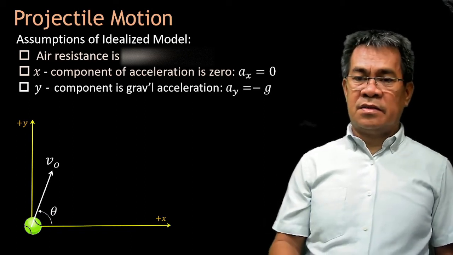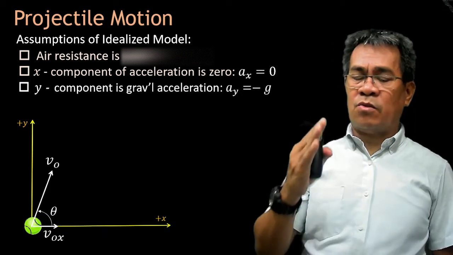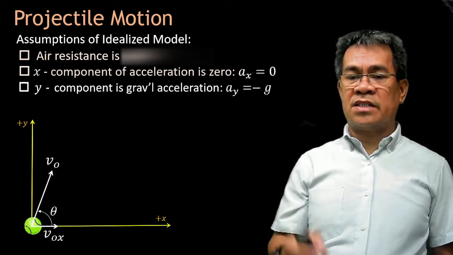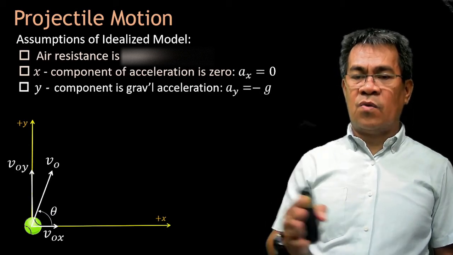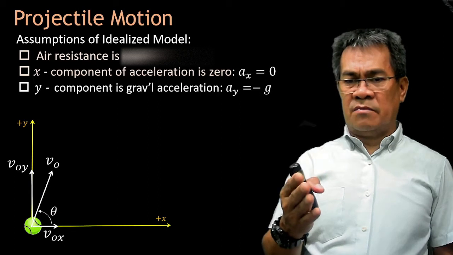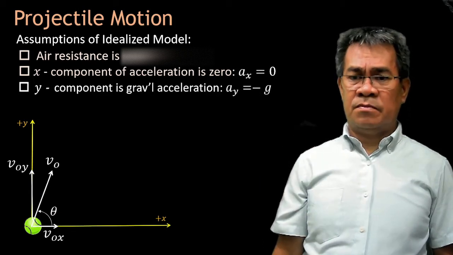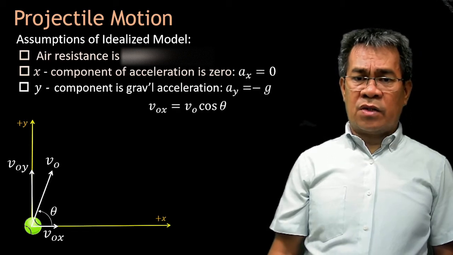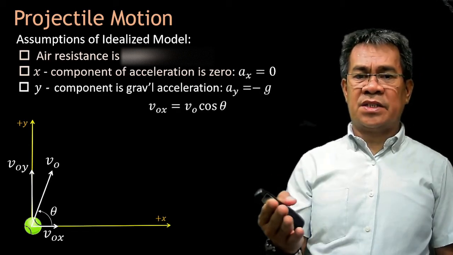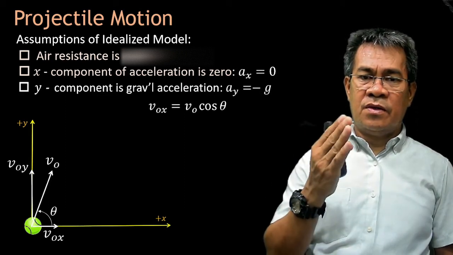Then the initial velocity has the component v0x, or the x component of initial velocity, and we also have the y component of velocity. Take note that these are the components of the initial velocity. Meaning, we can compute for the v0x given the initial velocity and the projection angle. We use v0 cosine theta.